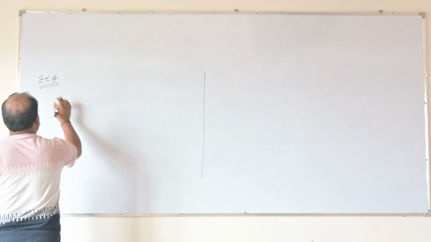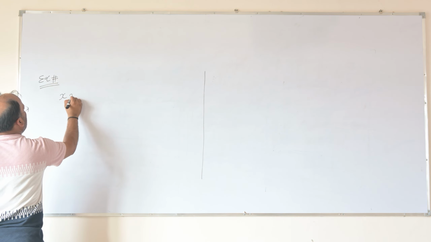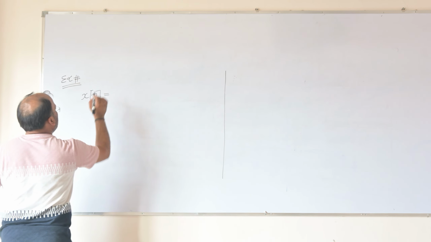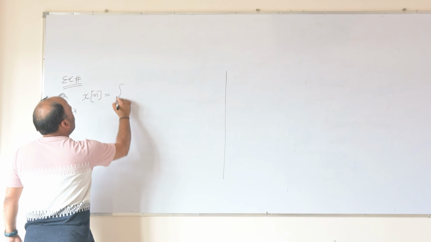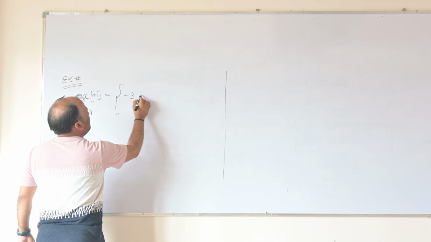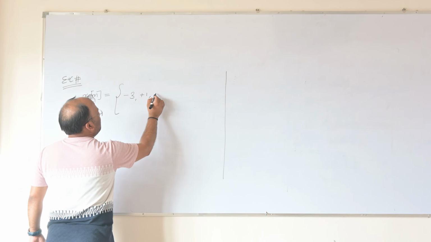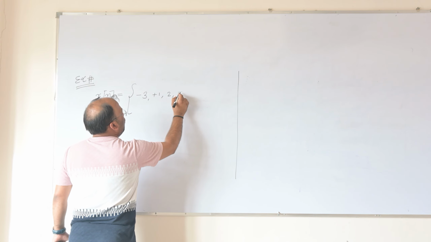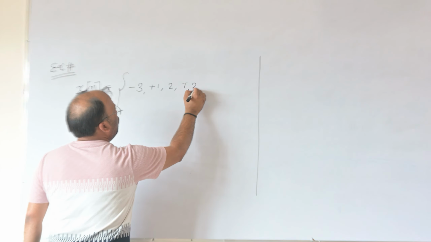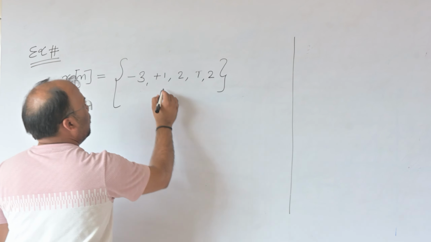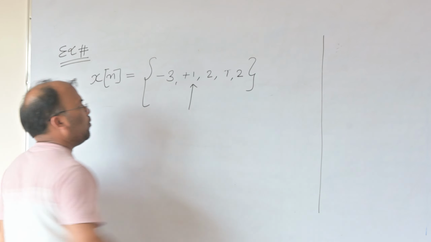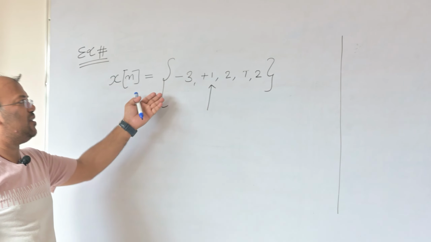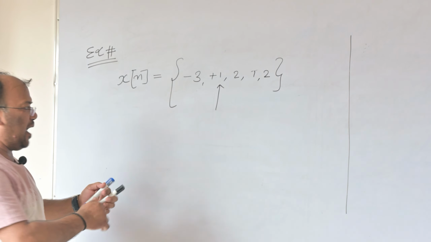So suppose the discrete time signal is this. S of n is equal to -3, 1, 2, 1, 2, with the 1 at the origin. We need to sketch this signal. This is the example of a discrete time signal.